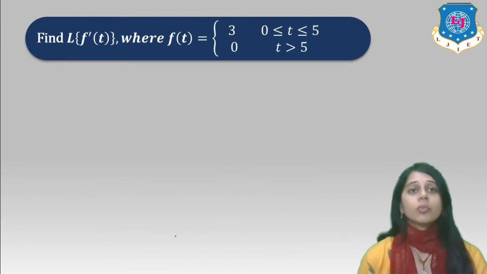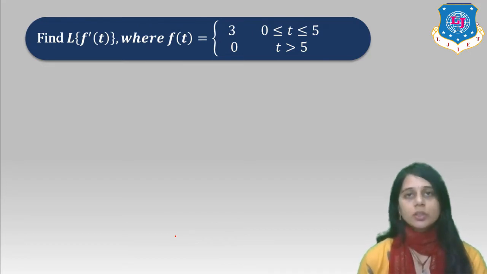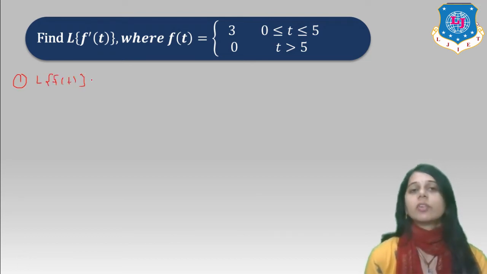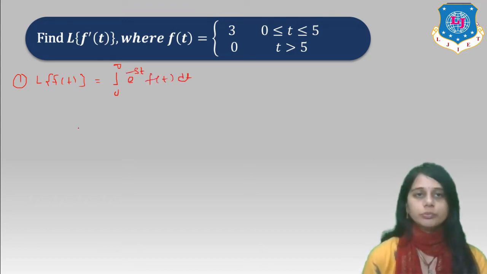Next example. Find Laplace of f'(t) where f(t) equals 3 for t from 0 to 5, and 0 for t greater than 5. First of all, we have to find Laplace of f(t), using the definition of the Laplace transform: the integral of e^(-st) f(t) dt, which is the integral from 0 to 5 of 3 e^(-st) dt.